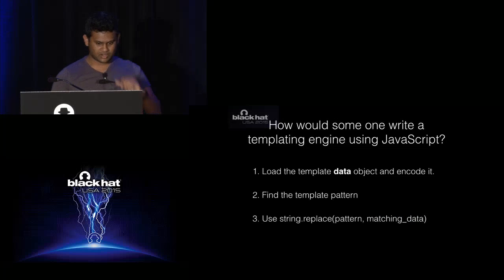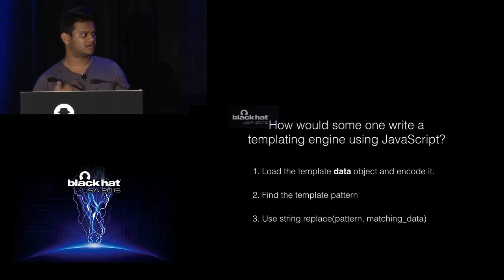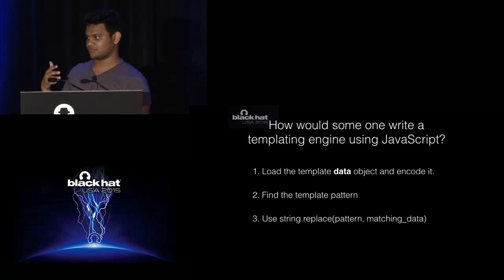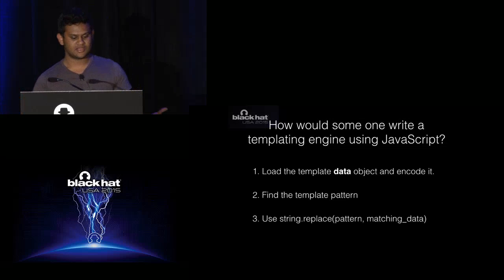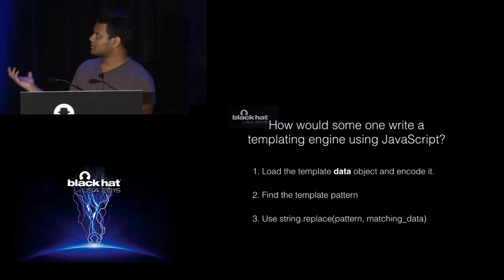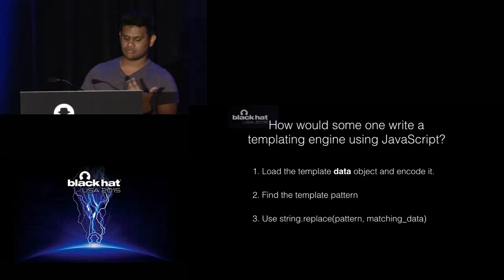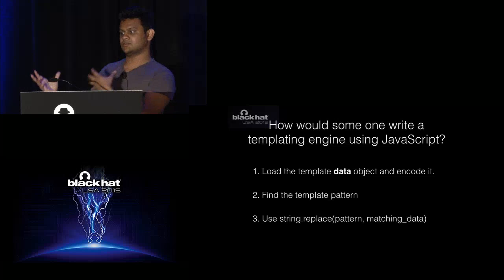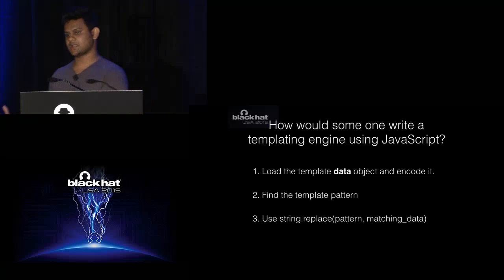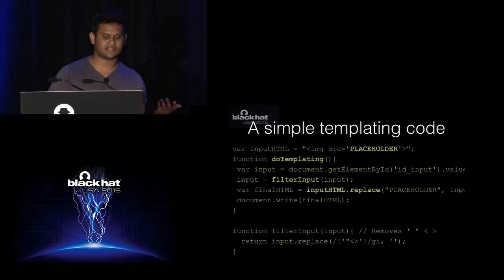If you are a templating engine developer trying to do that in JavaScript on the front end, the natural way would be to load the template data object, do all the filtering and encoding, then find your templating language's pattern, and do a simple string.replace of the pattern with the matching data.